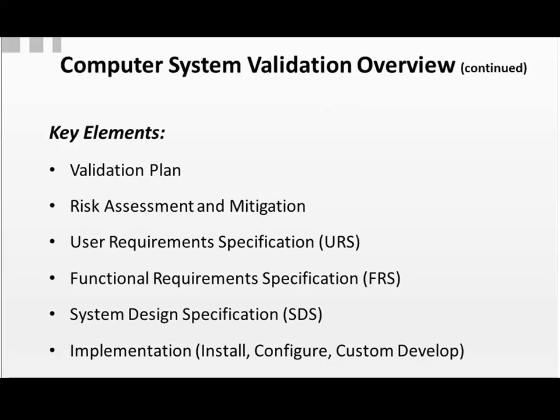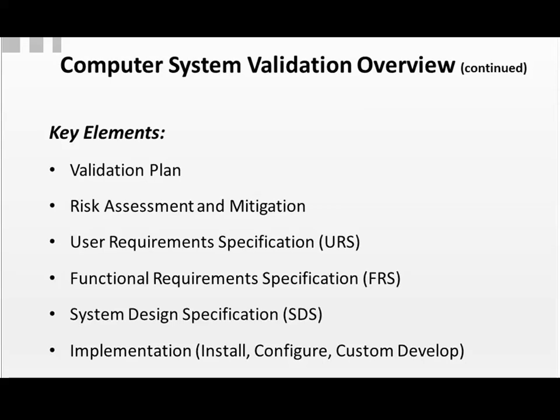Now, the user requirement specification, the URS, is very high level, in user language, and it's sort of a first step where the user or business owner defines what they're looking for in terms of functionality. You use that to start thinking about the type of system you want. And once you have a system selected, or at least identified one or more systems that could fit the bill, you then go into your validation plan, which should include a complete risk assessment and mitigation, which we'll go into in more detail in a bit.